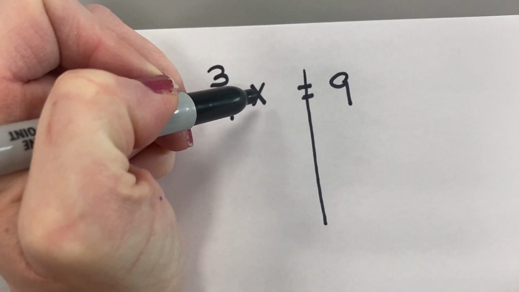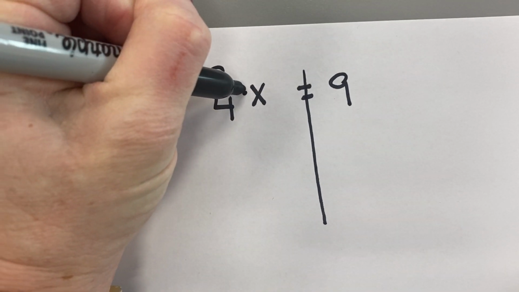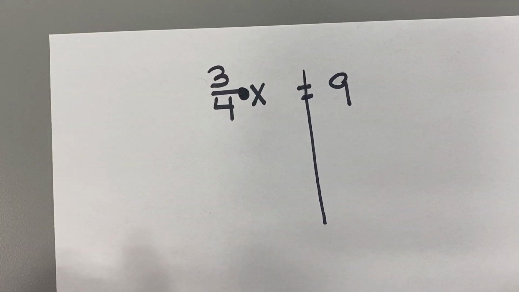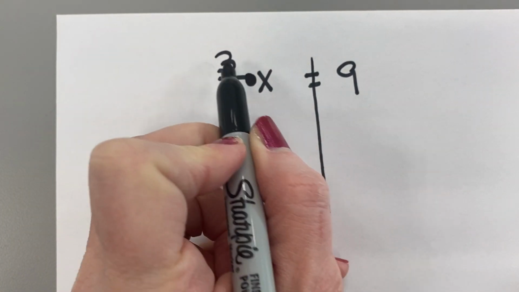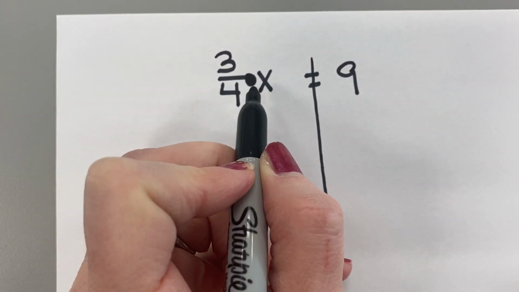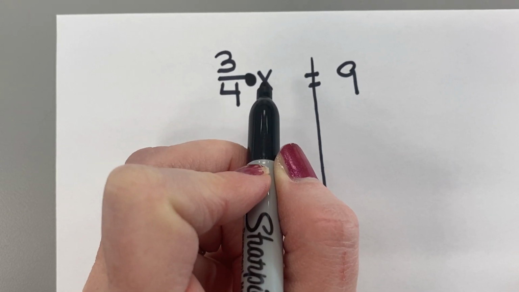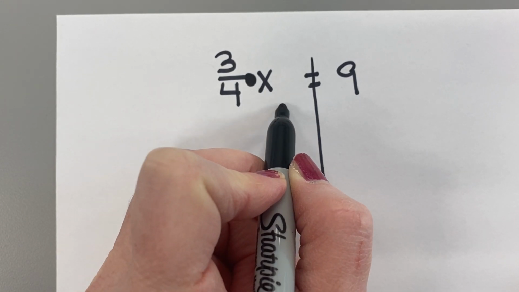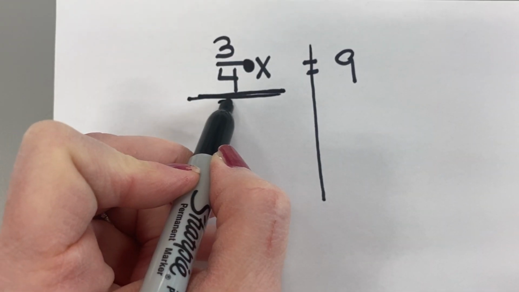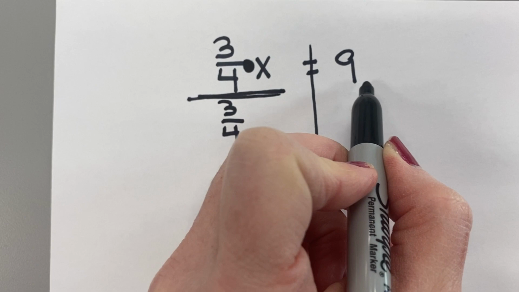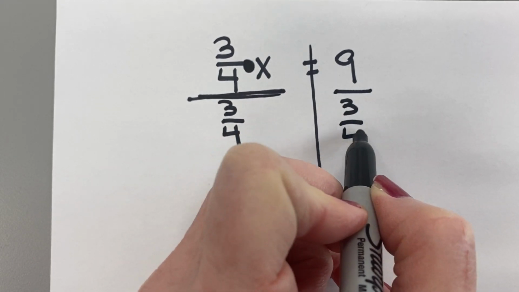The division is not happening with the x. What's actually happening with the x is multiplication. So x is being multiplied by this. To undo or take the opposite of multiplication, we want to do division. And we're going to divide by this coefficient, 3/4, both sides.